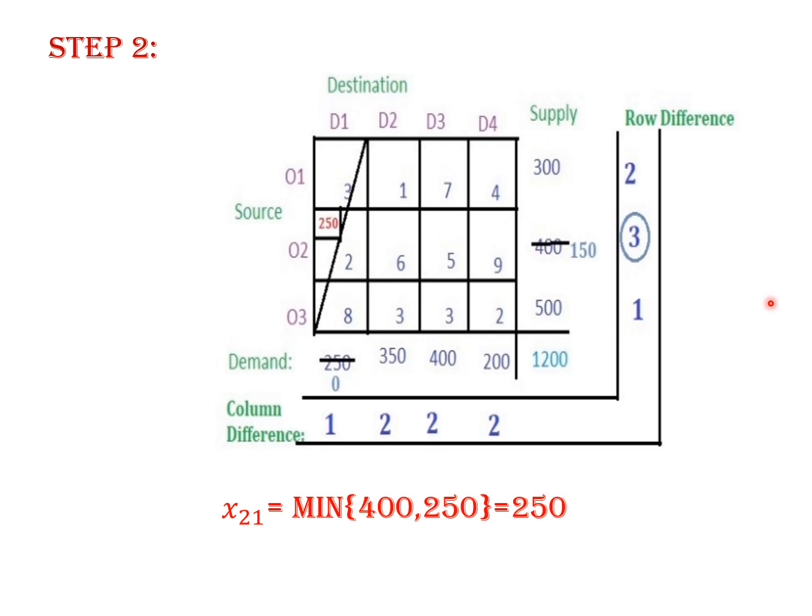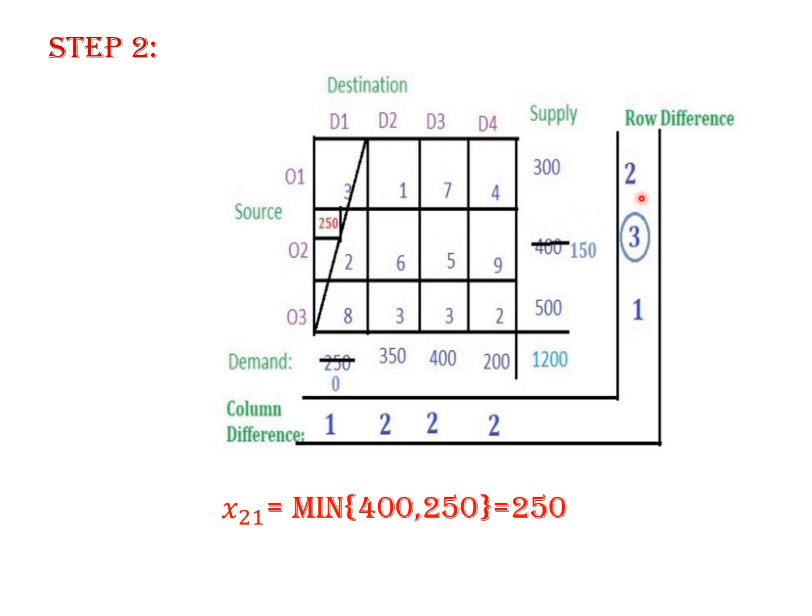Whenever the differences in the row or column are calculated in each step, the differences between the least and the next to least cost in each row and each column are calculated in the respective rows and columns. Look at here. In the first column, the least cost is 1 and the next least cost element is 3.